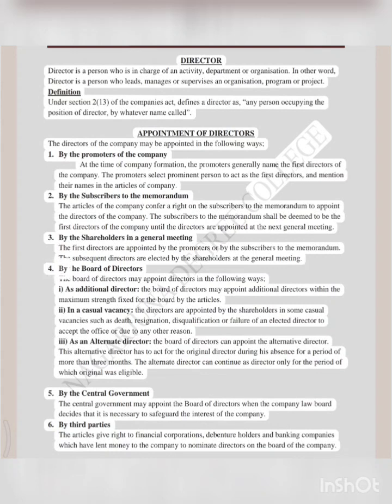4. By the board of directors. The board of directors may appoint directors in the following ways. As additional director, the board of directors may appoint additional directors within the maximum strength fixed for the board by the articles.